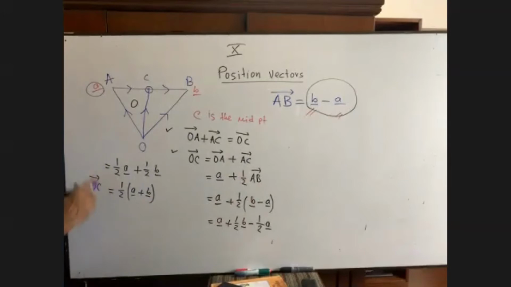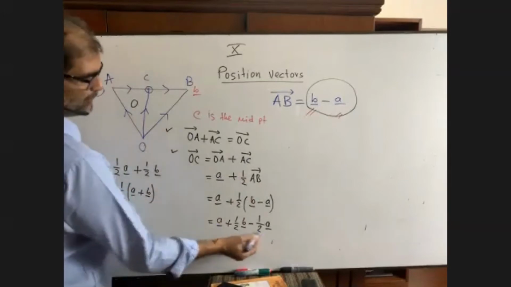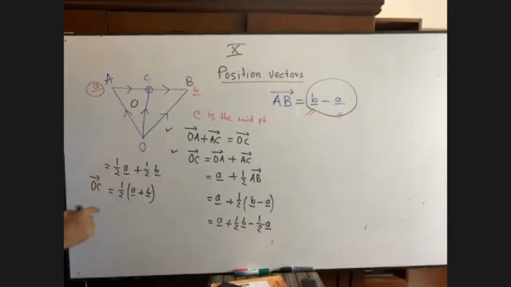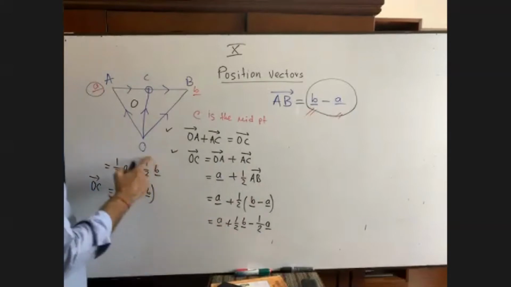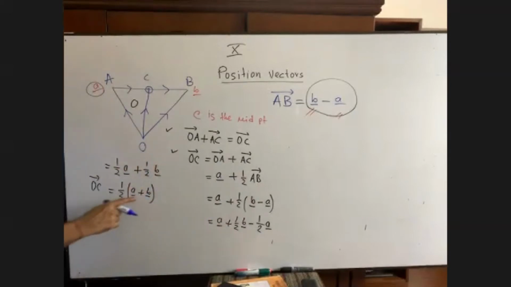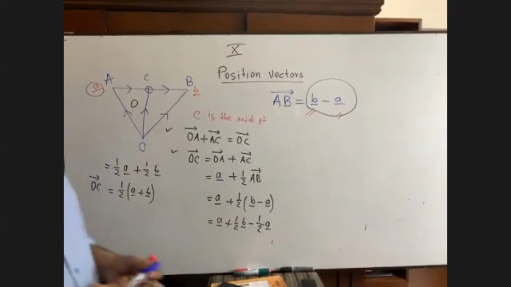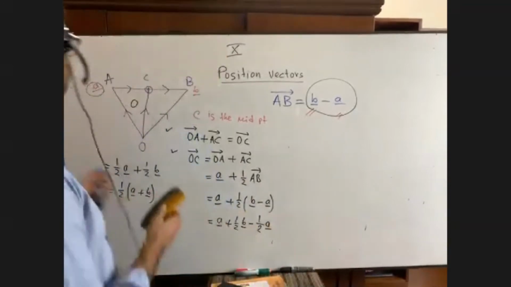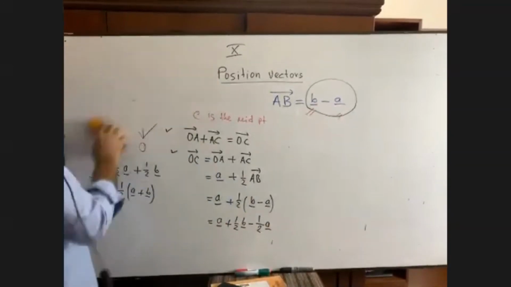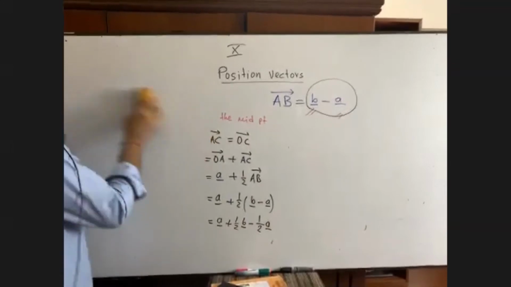Now it is the calculation. A minus half A, we are left with half A. That's half AB will be kept as it is. Half has been taken common. Is it okay? Yes, sir. That's good. Very, very important part of position vectors.